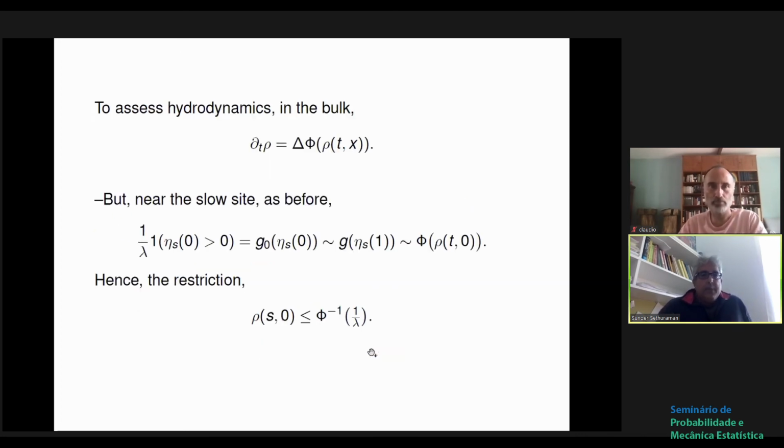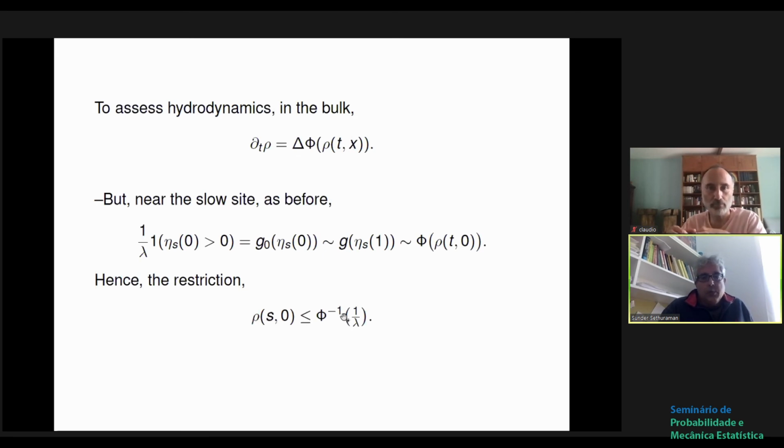So in the bulk, even in the bounded case, one should still get this equation. But at the slow site, this is the rate at 0. I just wrote it out explicitly here. This should be close to this thing here, which is what we had in blue in a previous slide. And this is less than this. I guess this T should be an S, sorry.